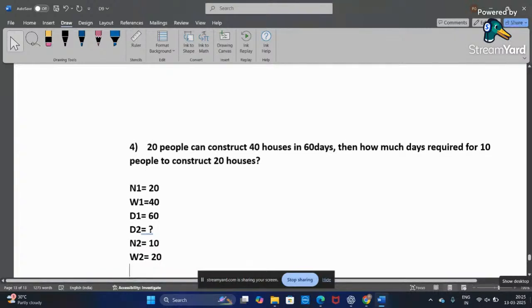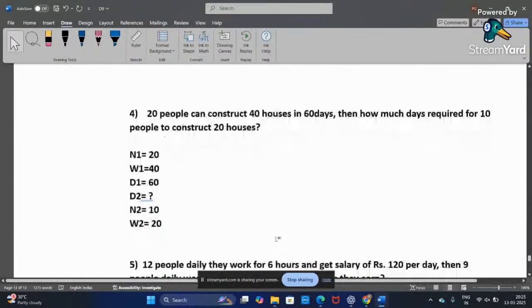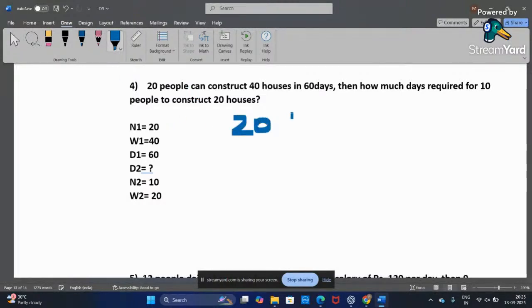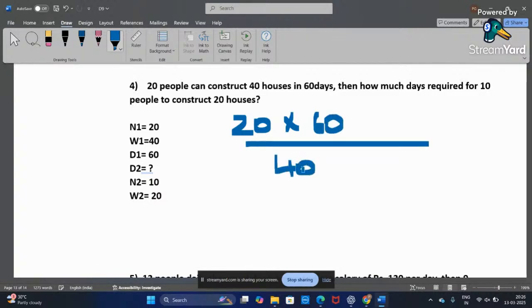Let me solve this. I will just substitute the values. Here N1 is 20, D1 is 60, divided by work W1, so it is 40 here, equals your N2 which is 10.